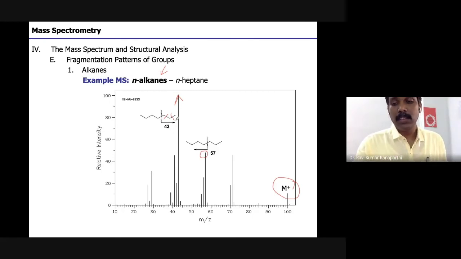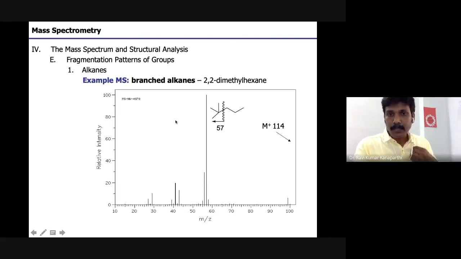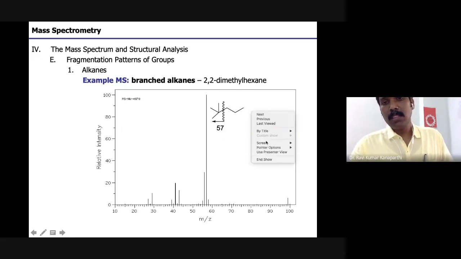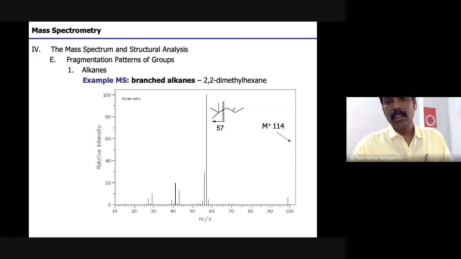Okay. And for the branched alkanes, as I told you, where there is branching, alpha to the branching is where it will cleave. Because you cannot cleave this molecule just here; I can cleave here, I can cleave here, I'm just saying the possibility.